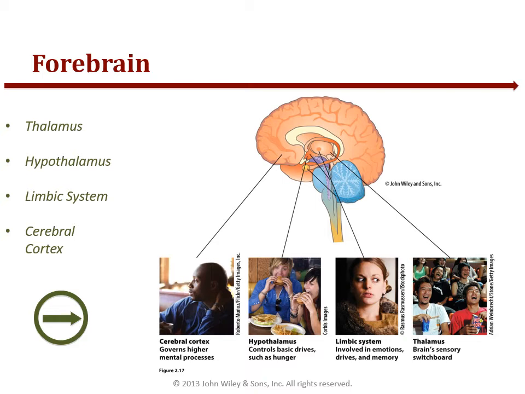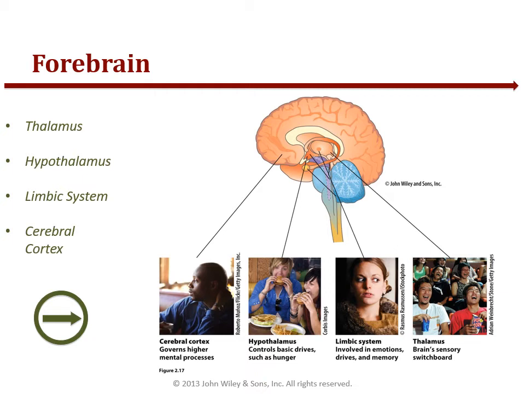The hypothalamus is a small brain structure beneath the thalamus, and it's responsible for your drives, that being hunger, thirst, sex, as well as aggression. And it also is responsible for your hormones.